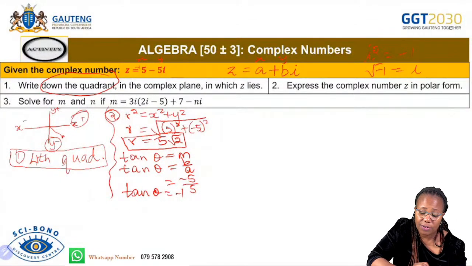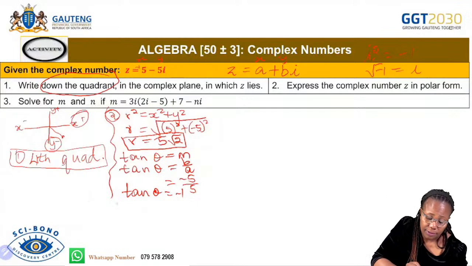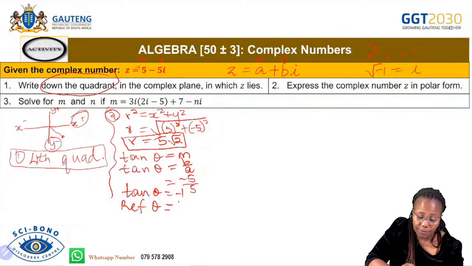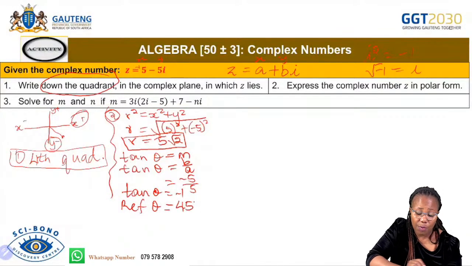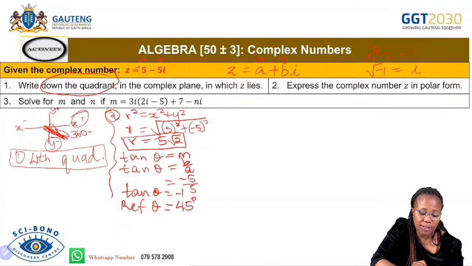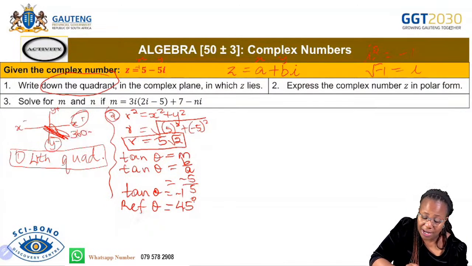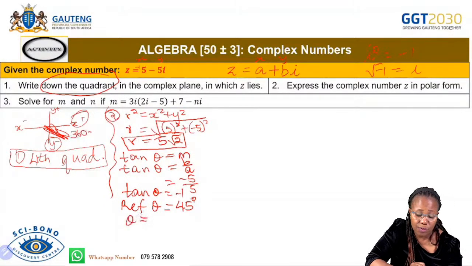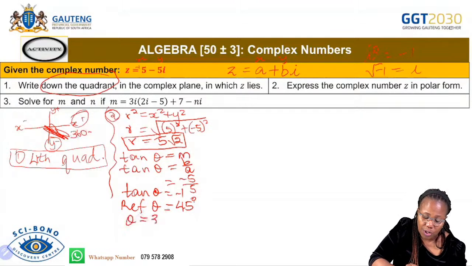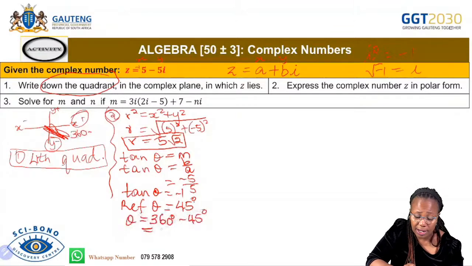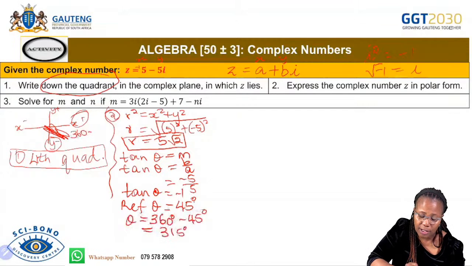So the arctan of this one, negative, the reference angle will be theta equals 45. But now we have indicated that this will be in quadrant what? Quadrant 4. In quadrant 4 is where we are having the reduction 360 minus. So that means now the real argument value here will be equal to 360 minus the reference, which is 45, and then we end up with the value being 315. That is the correct angle for us.